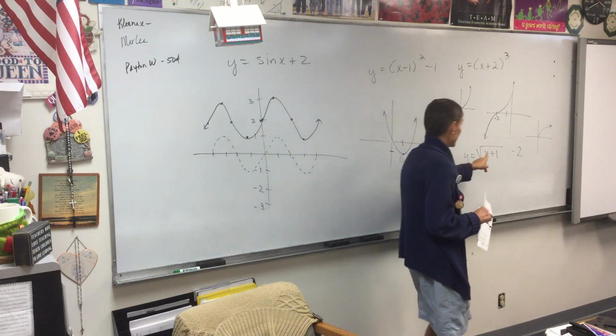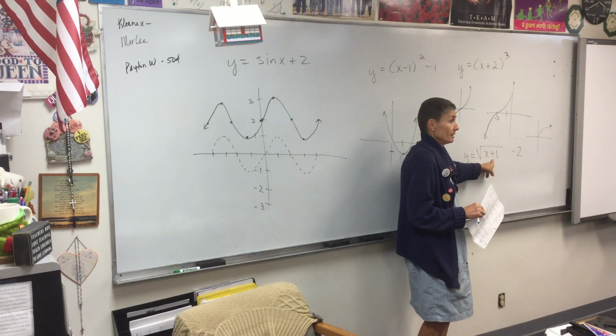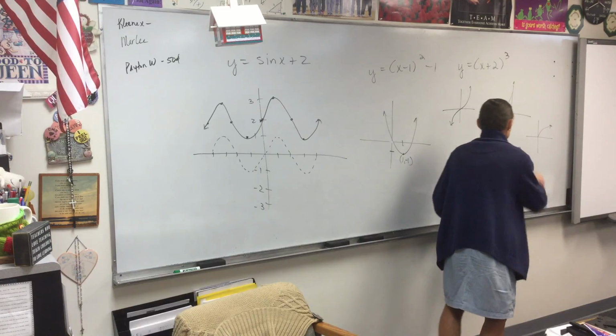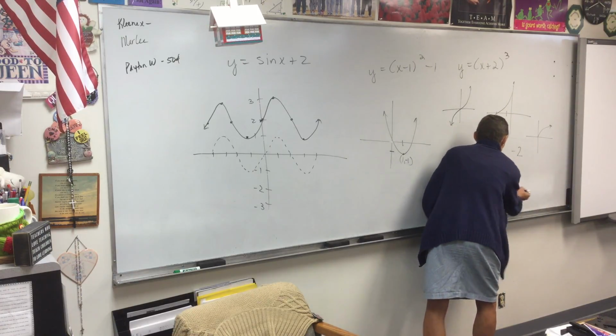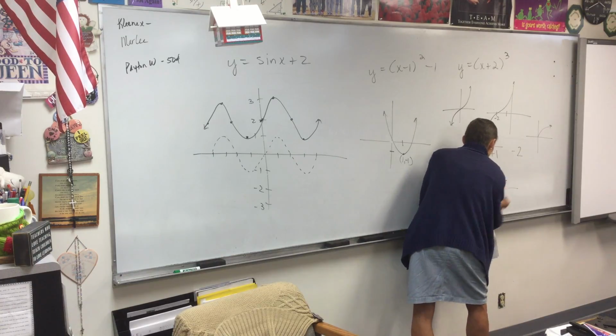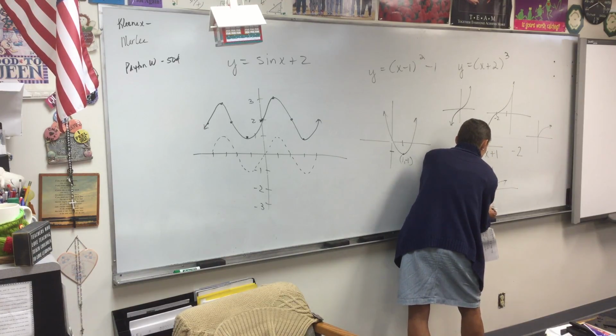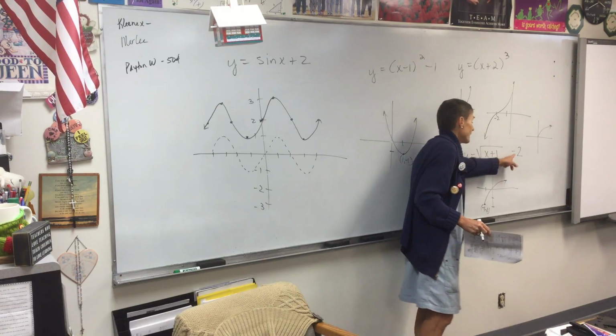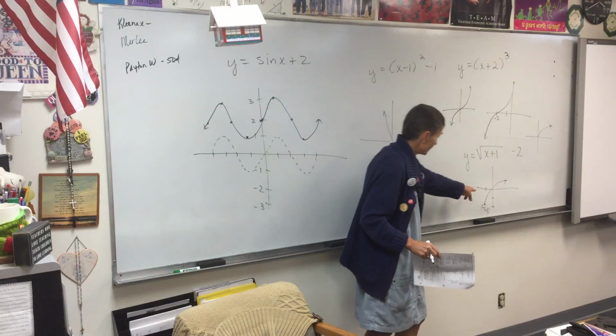How have I moved it? Left 1 and down 2. So I'm going to take that shape and I'm going to go left 1 and down 2. So it's going to look like this. This is the point -1, -2. I go left 1 and down 2 and graph my shape.